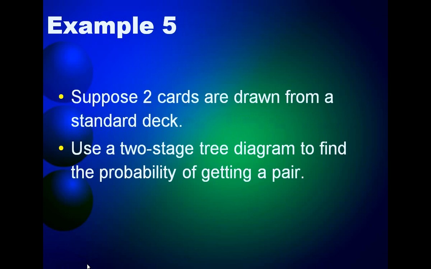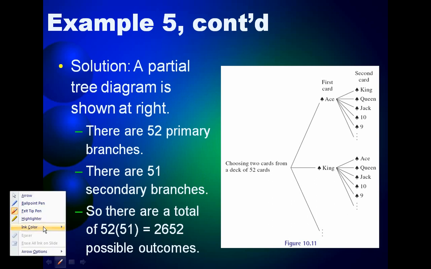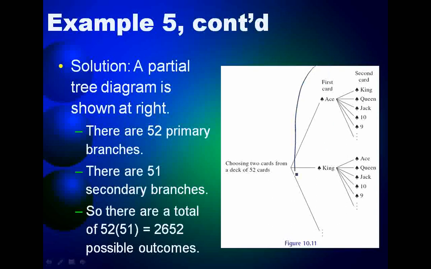Again, I won't put any card questions on the test, but suppose 2 cards were drawn from a standard deck. Use the 2-stage tree diagram to find the probability of getting a pair. Now this is only part of the tree. This tree is huge. So there are 52 primary branches because there are 52 cards in the deck. Primary branches being the branches in the first stage.